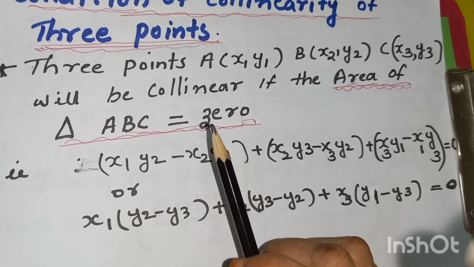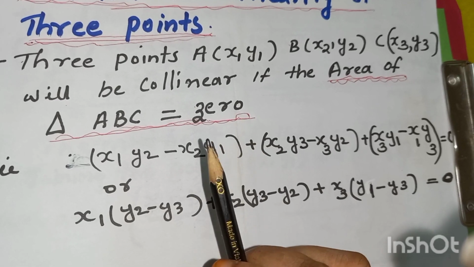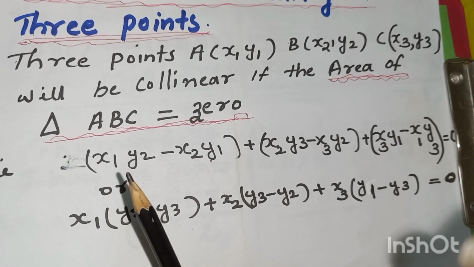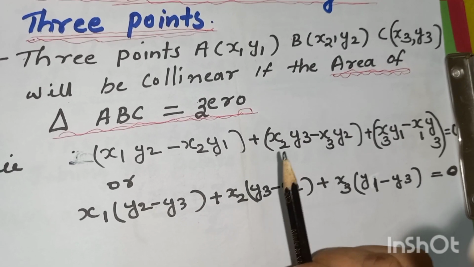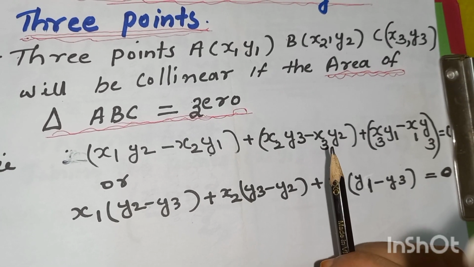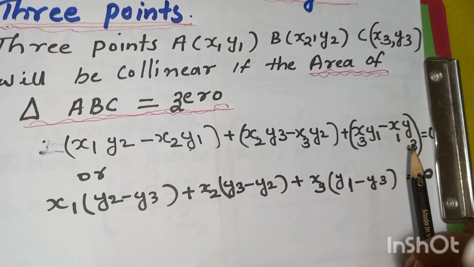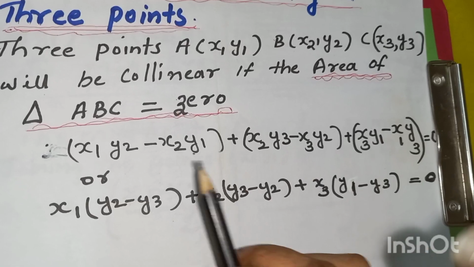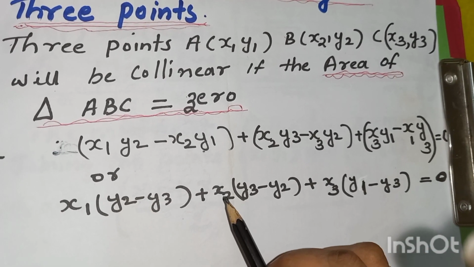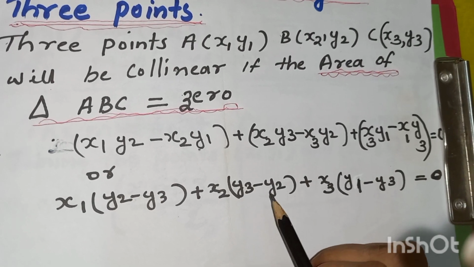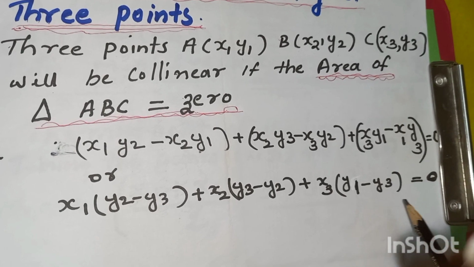of the triangle is equal to half into modulus of (x1 y2 minus x2 y1) plus (x2 y3 minus x3 y2) plus (x3 y1 minus x1 y3), or this x1 into (y2 minus y3) plus x2 into (y3 minus y1) plus x3 into (y1 minus y2).